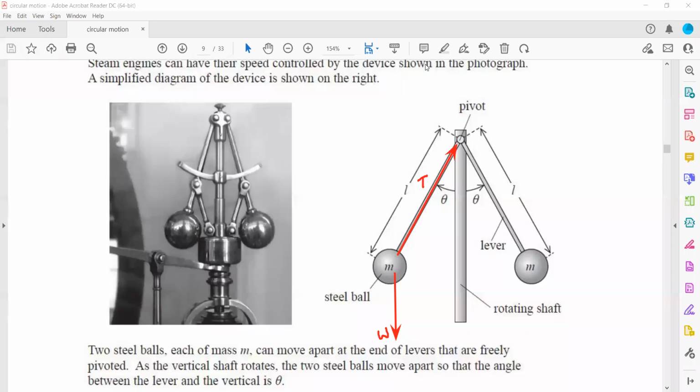One component of the tension is with the angle, that is T cos theta, which is upward. And against the angle is T sin theta.